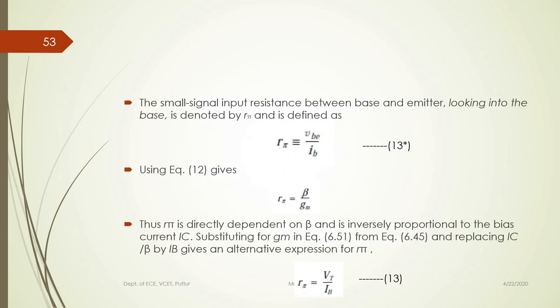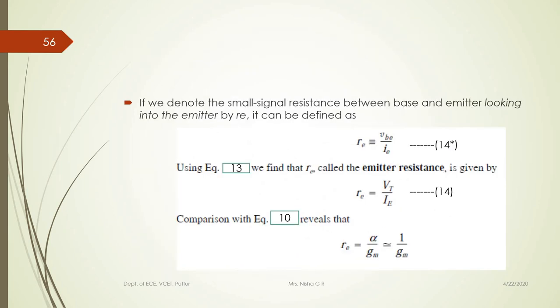See, this was VT by IB because we were calculating input resistance looking at the base terminal. Next is RE, that is with respect to the emitter terminal. So it will be VT by IE, here it will be RE. So RE is equal to VT by IE.